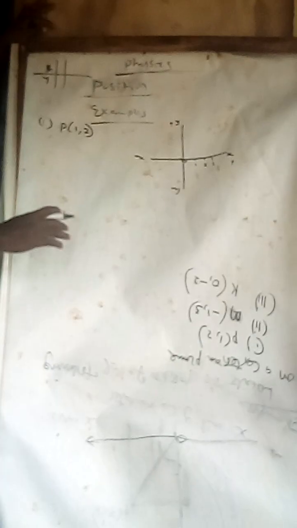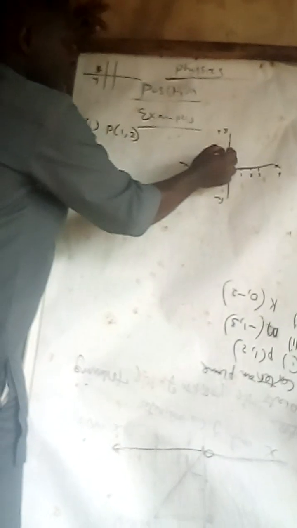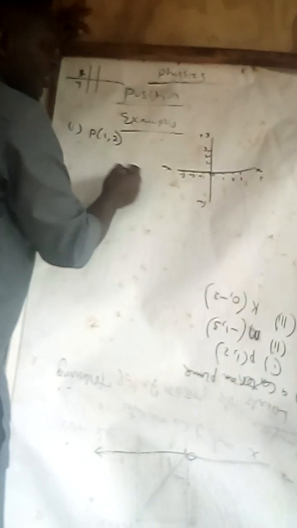Okay? Now, on x we have 1, we don't have minus 1. So every other thing here will be minus 1, minus 2. You scale it, or minus 3. You can stop here. You don't have minus 3, you only have 1 and 2. So for y, you now locate 1, 2, 3, equal distances, assuming that we are using graph.